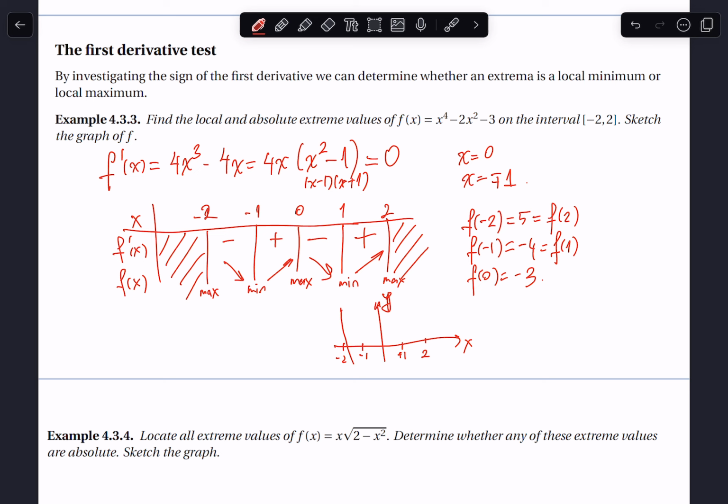So it will be coming like this, and then the function is increasing, and f of 0 is -3, and then it will be decreasing again, and then it will be increasing again. Okay, so these values are 5, and these values are -4, and this is -3. So this is the sketch of the function.